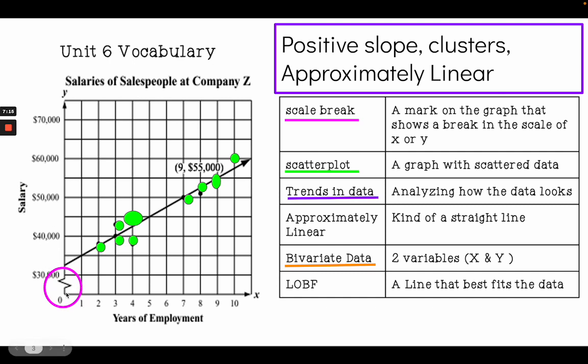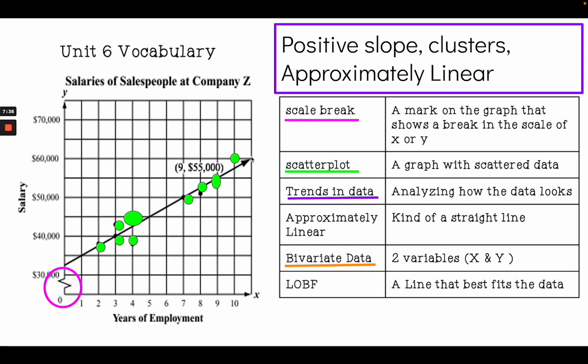So in the first year of working at this job called a salesperson at company Z, we know that this person is going to make about $35,000. When they get to the fifth year, they're going to make about $45,000.